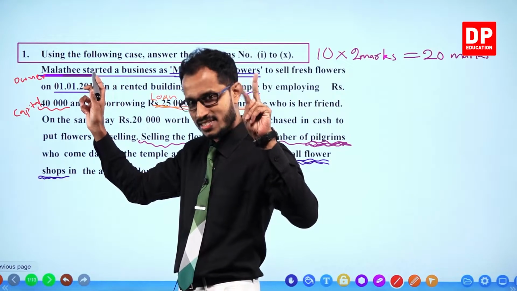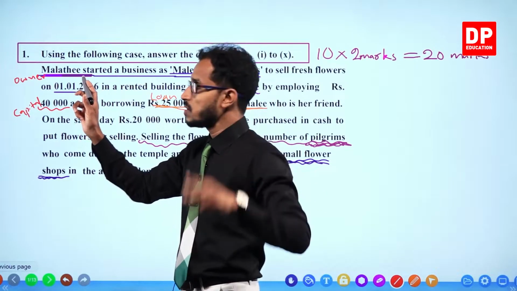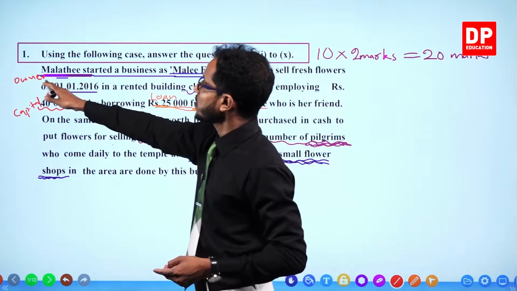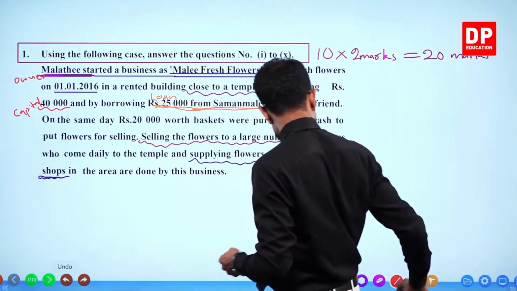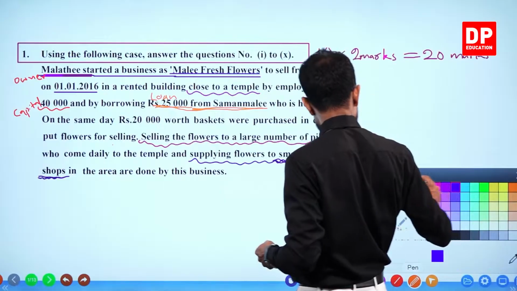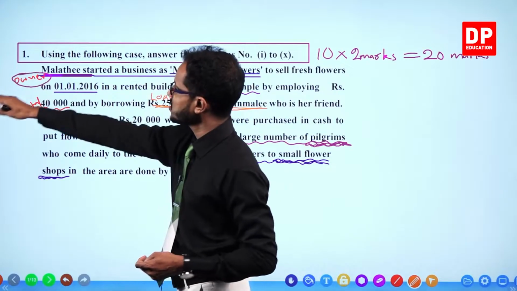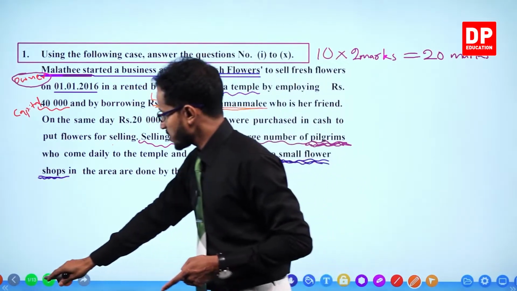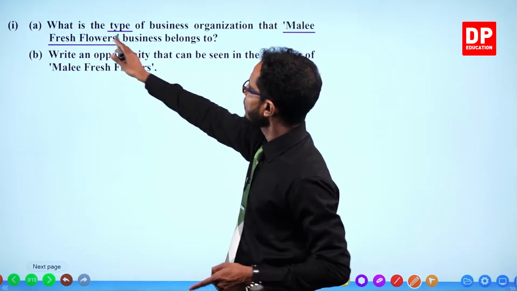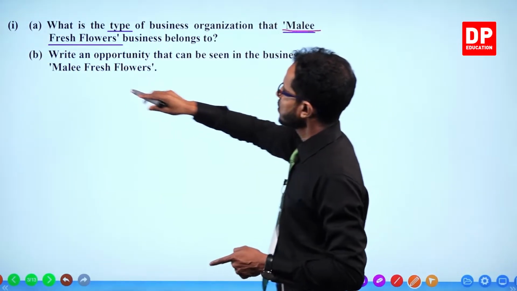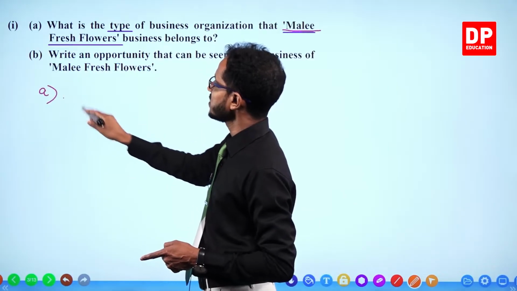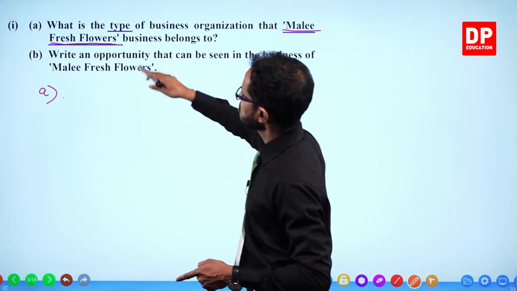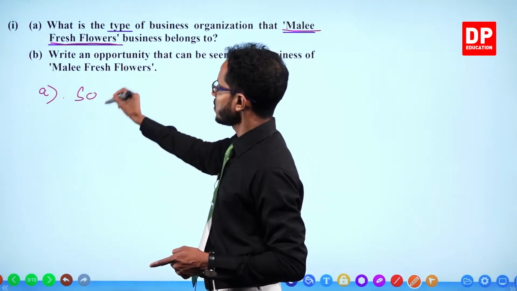There are two business organizations in this case. First one is Mali Fresh Flowers, started by Malati, owner. Only one person, only one owner. The question is asking about that. So the answer to part A is, it's a sole tradership.